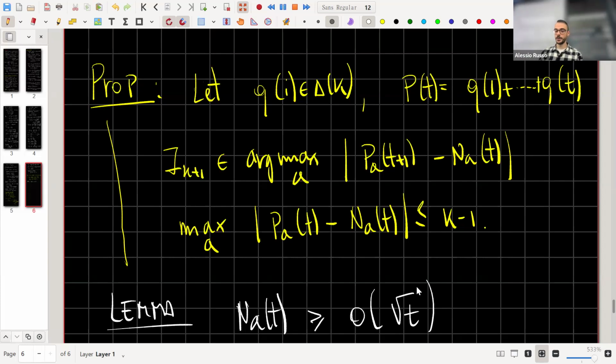So if you follow this sampling rule, then N A will be close to P A T.